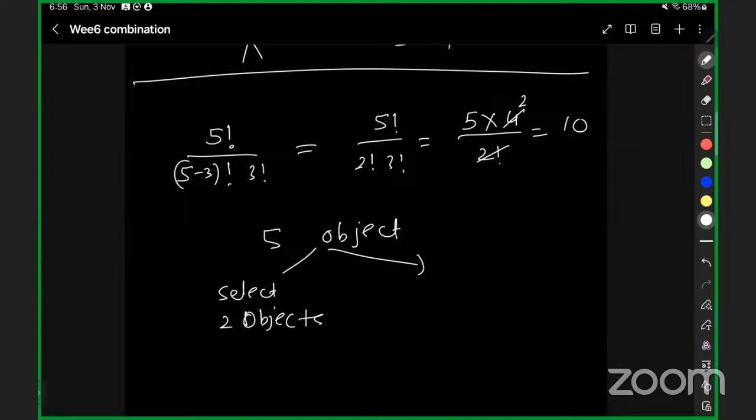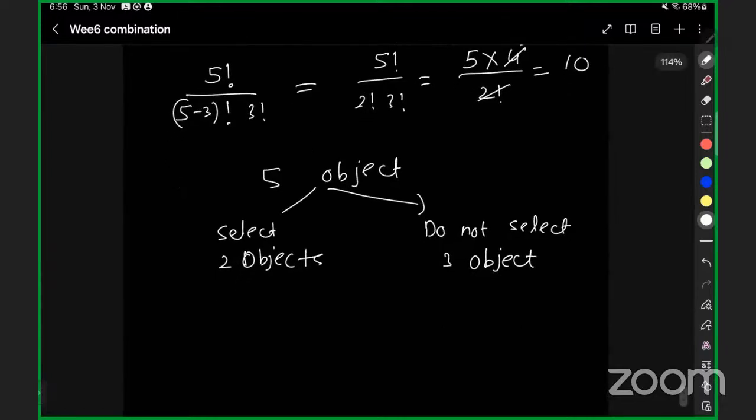There is another thing I can say, which is do not select 3 objects. There are 2 ways, and both are the same thing. Either you choose to select 2 objects, or you choose not to select the other 3 objects, right?